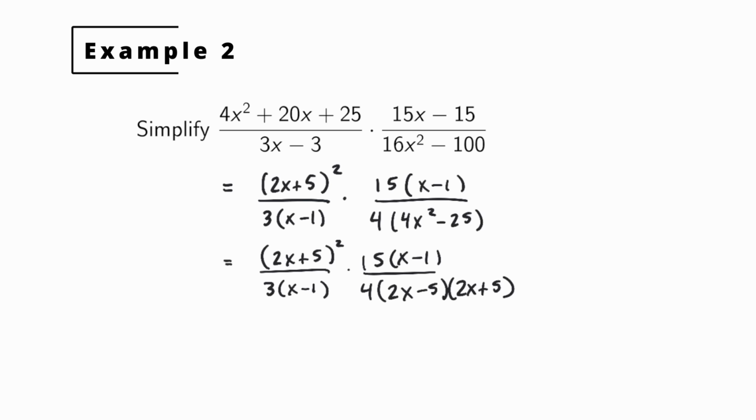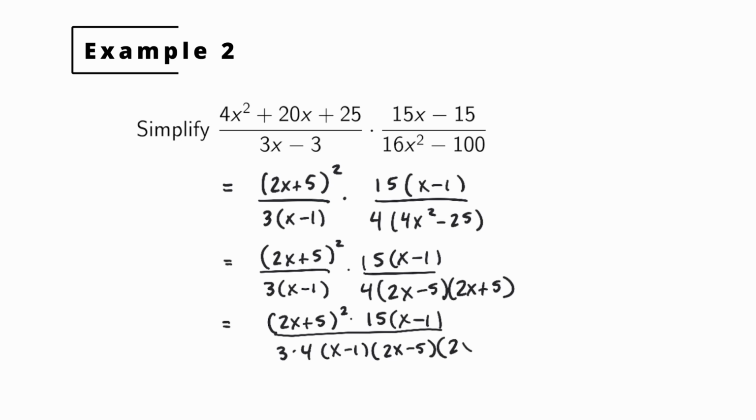And now we multiply across and we cancel out common factors. We have 2x plus 5 squared times 15 times x minus 1 all over 3 times 4 times x minus 1 times 2x minus 5 times 2x plus 5.